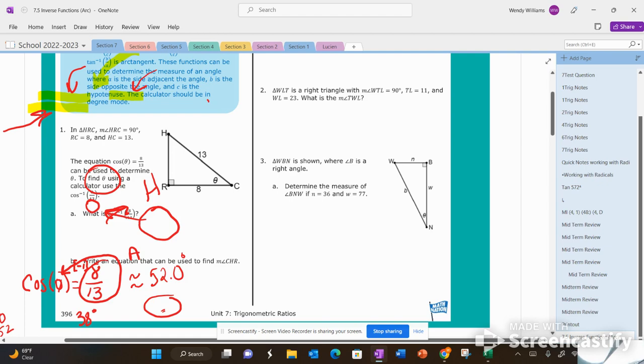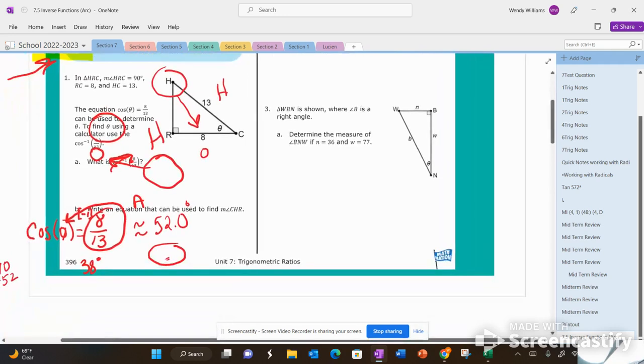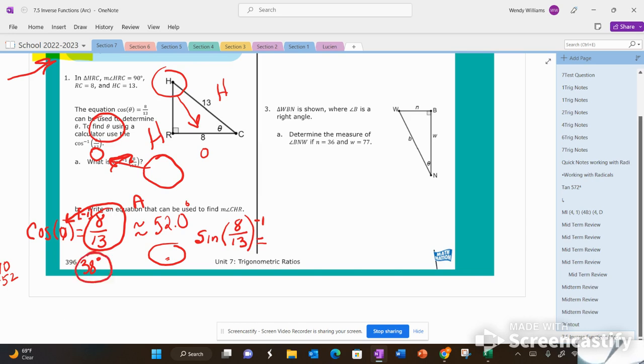But if we're coming from the other angle, if we're coming from H, we should be able to say, hey, that is opposite over hypotenuse. And which trig function is opposite over hypotenuse? Well, that would be sine. The sine inverse of 8 over 13 should give me what we've anticipated was 38 degrees.